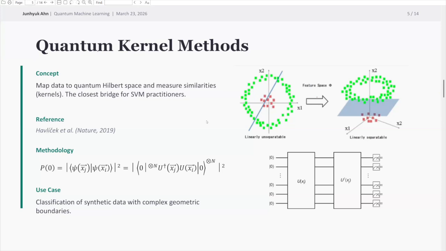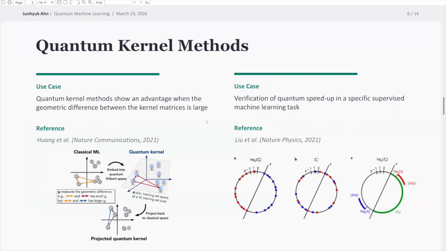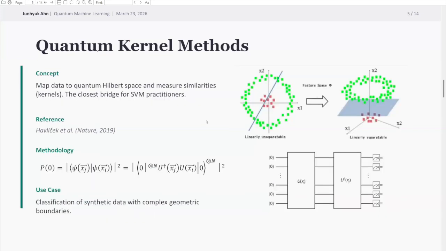So when is the quantum kernel method used? Classical kernel methods are effective on their own. So we want to use quantum kernel methods only when the kernels represented by the quantum unitary operations can be computed efficiently only by quantum computing. In other words, you use it when the classification of synthetic data has complex geometric boundaries.